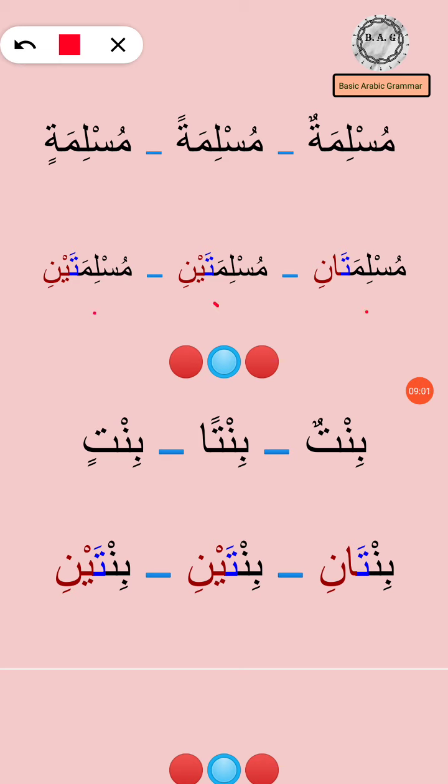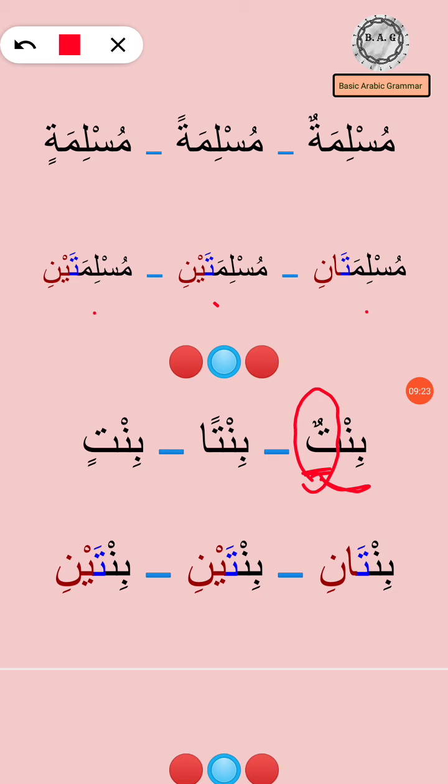Next example. So this is the point that I wanted to elaborate on. Now we can see that this is a regular ta. Okay, it is not ta marbuta. We can all see that. Now the second thing is, this ta here is actually a root letter. It's one of the three root letters of this word bintun.